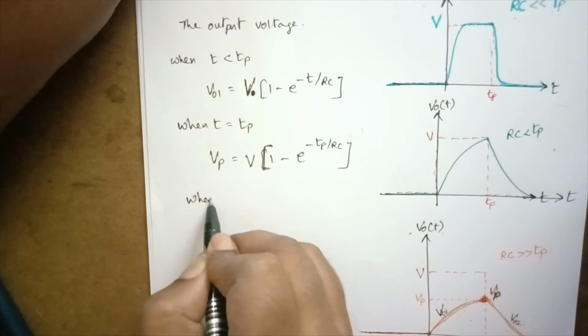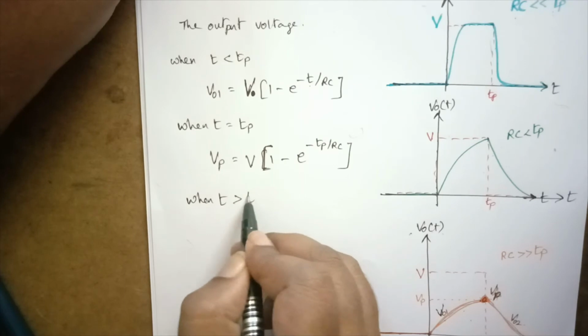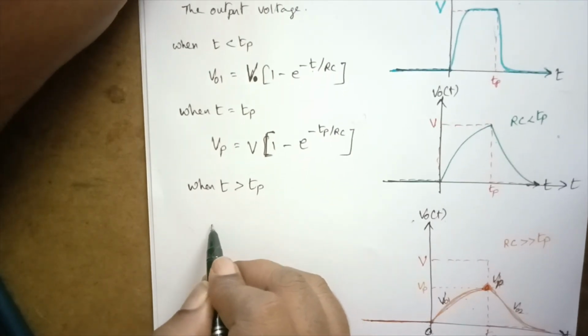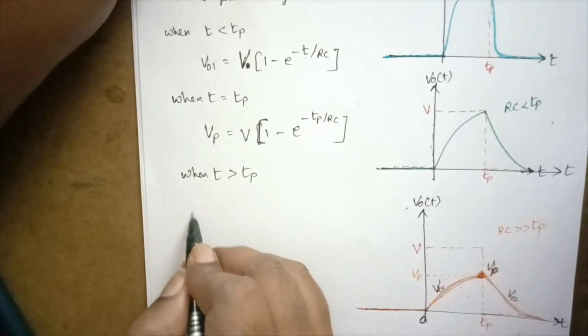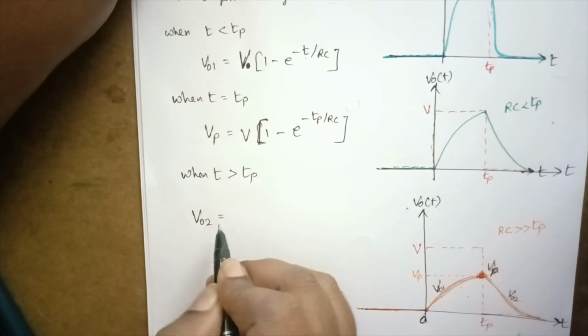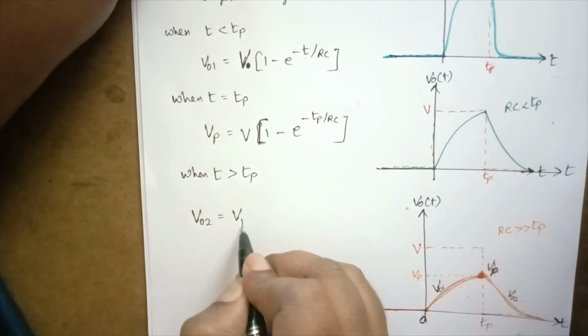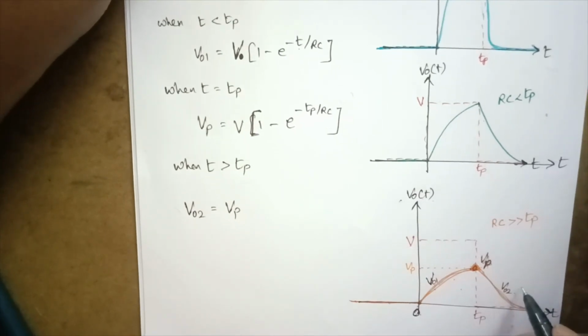When t is greater than Tp, what will be the equation? This is V02. The expression for V02: it is exponentially decaying from which voltage? From Vp. Generally an exponentially decaying function is written as V into e power minus t by RC.